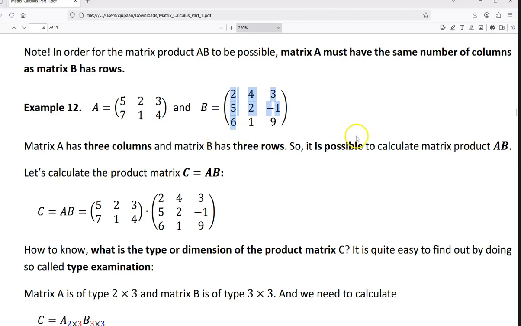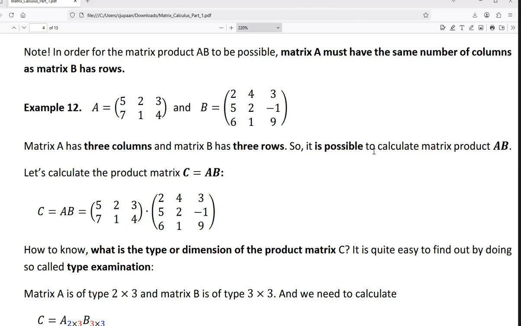This is important. You can't do matrix multiplication every time. And it is good to notice that in matrix multiplication, mostly A times B is different from B times A. So the order of multiplication is important. AB is not the same as BA.